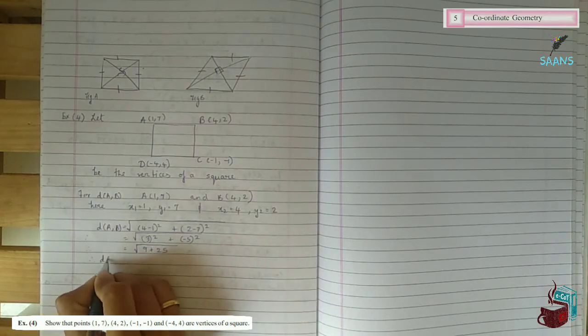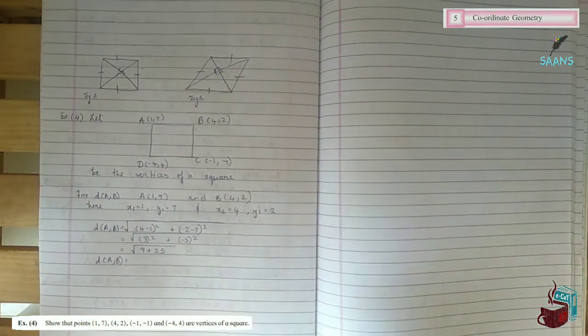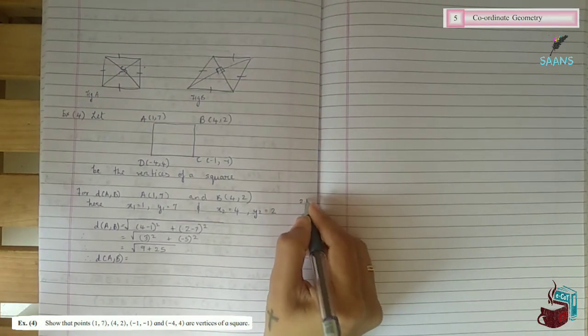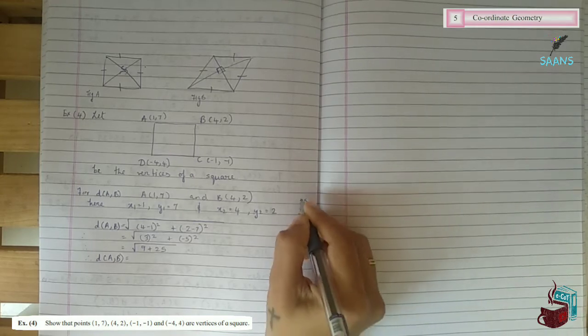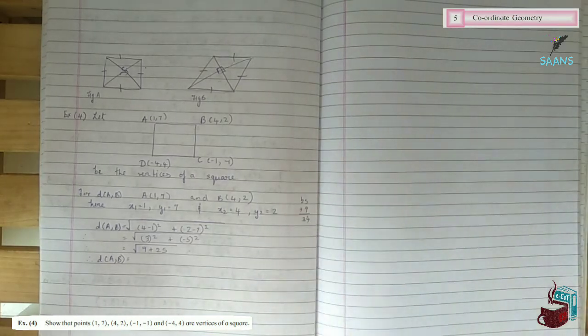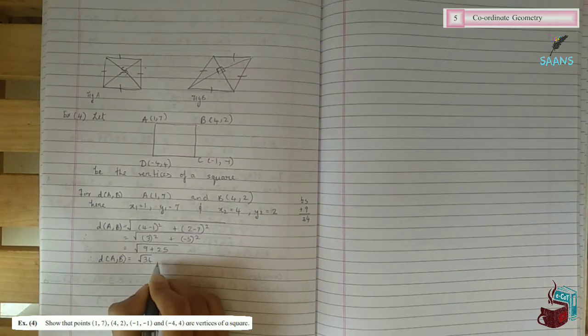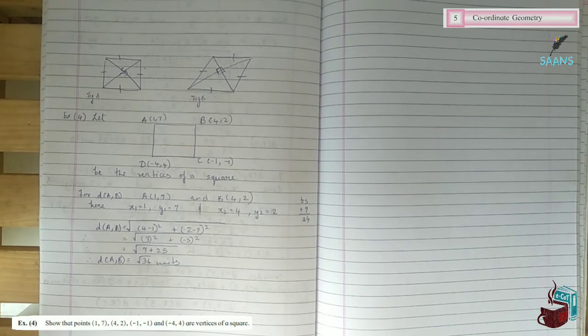Therefore, distance AB is equal to under root 25 plus 9, that is under root 34 units. Such odd numbers come, do not stop doing it. As I told you, you have to continue doing your sums.